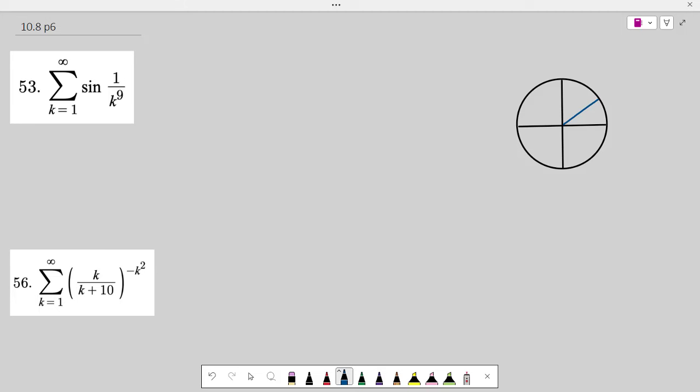If you're on a unit circle, that's theta there and here. Does everybody agree? Because s is equal to r times theta, so if r is equal to 1, then you have theta.